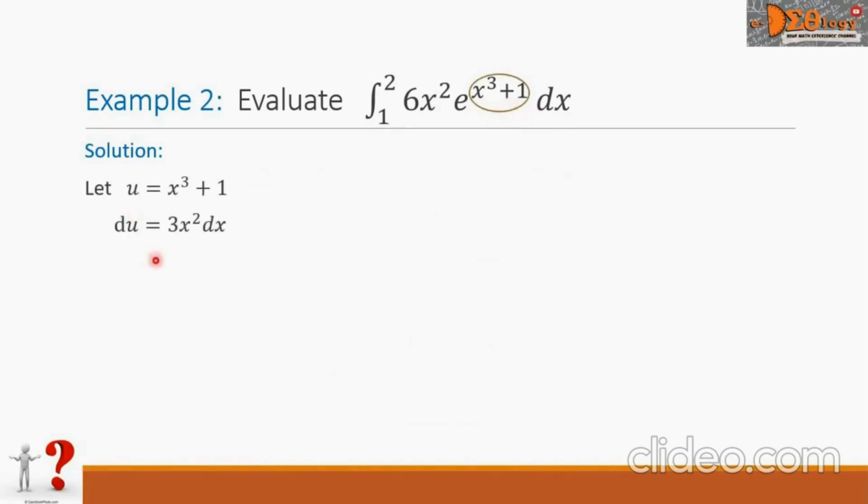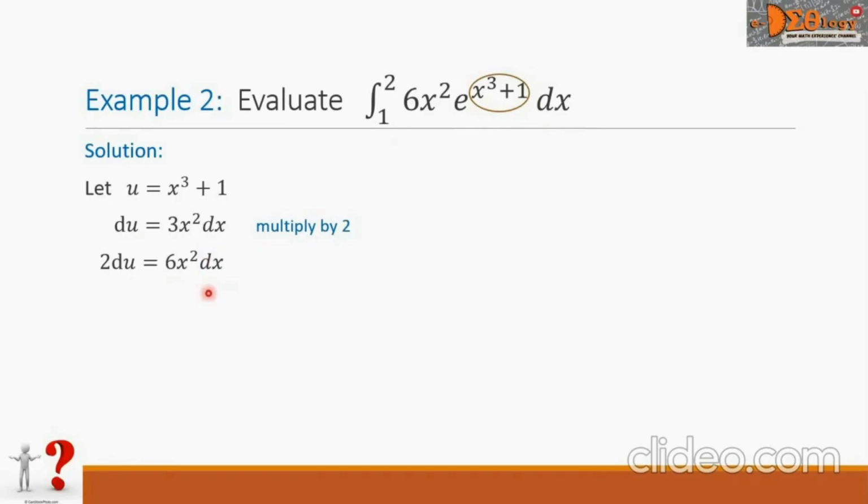So du is equal to 3x squared dx. Observing our function has 6x squared, while here we have 3x squared. We want this 3 to be equal to 6. We will multiply this equation by 2. So we have now 2 du is equal to 6x squared dx.